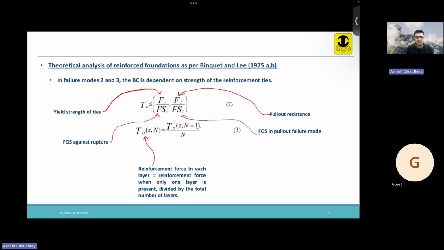The reinforcement force should be less than Fy divided by the factor of safety, and Ff divided by the factor of safety. Now, what is Fy? Fy is the yield strength of the ties. That means it depends upon the material of the tie.